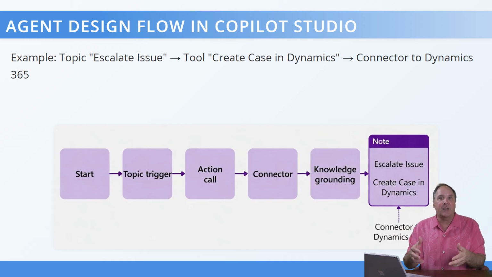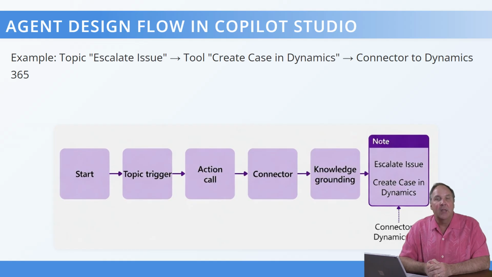Step 3, a connector fetches or updates data. That action uses a connector to talk to an actual business system. Step 4, a knowledge source provides context. Maybe the agent needs to look up a policy document or an FAQ or content to formulate a good response. Step 5, the response is generated and sent back to the user.